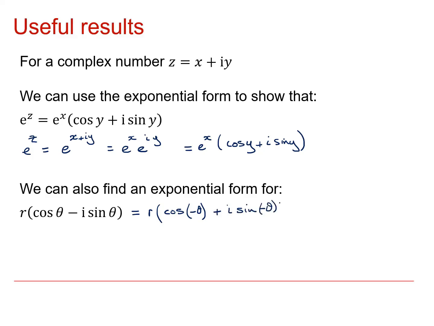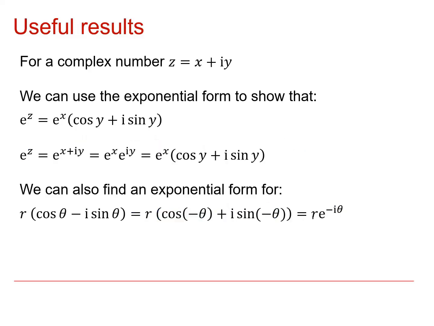Sine is an odd function, so sine of minus theta is minus sine theta. Then quickly we can see that this is e to the minus i theta. That's just written out a bit more neatly for you, but it's exactly what I had on the previous slide.